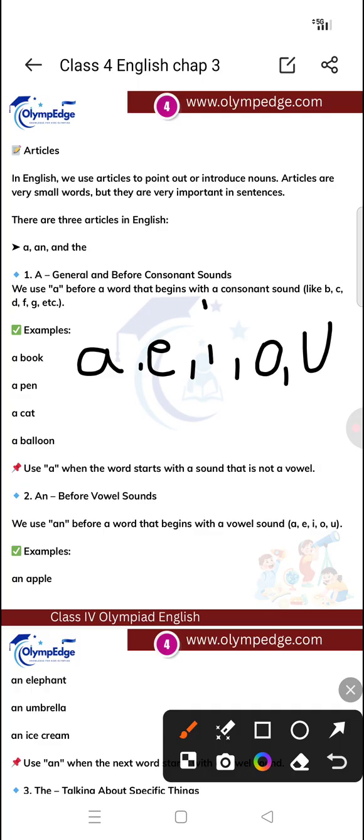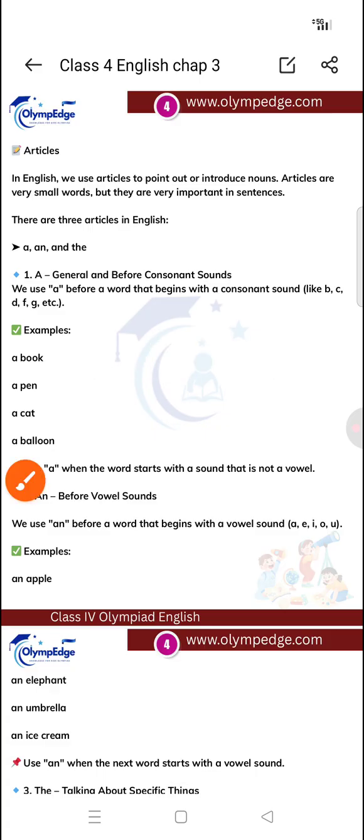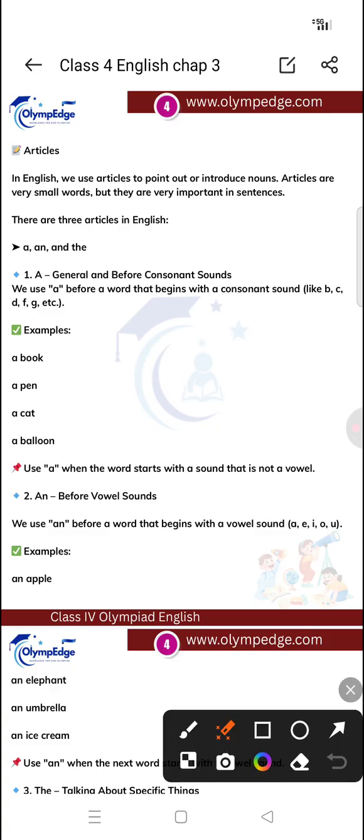Apart from these, the rest, like B, C, D, F, G, H, all these up till Z, are the consonants, right? So A is used before general things and before consonant sounds.